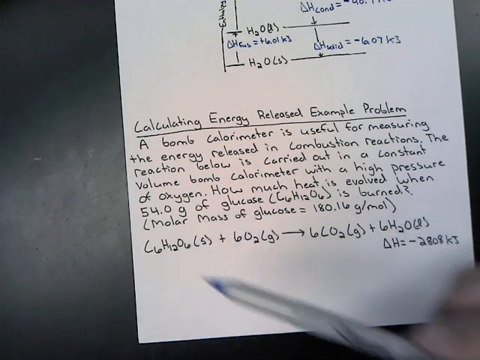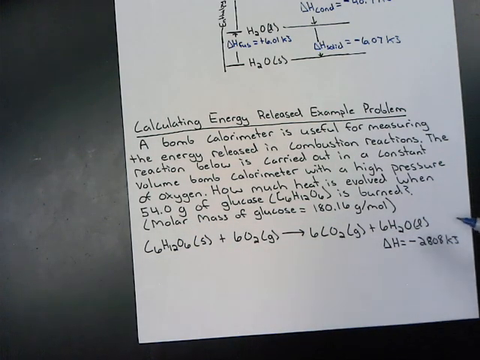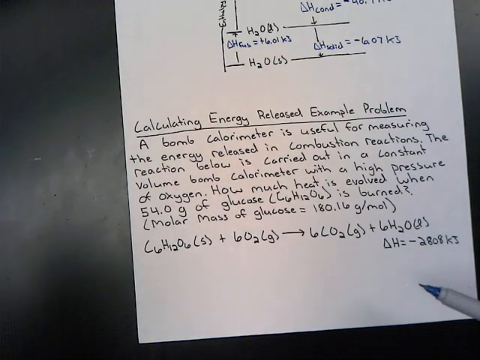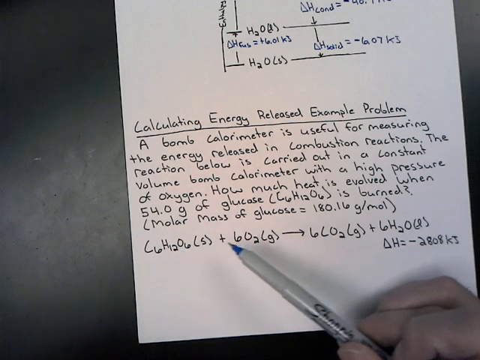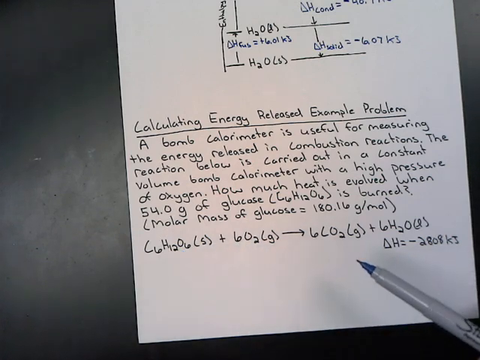So we have to do some thinking. This is a thermochemical equation because it gives you delta H, which is negative, so that means it's an exothermic reaction. That means heat is given off when this reaction occurs.